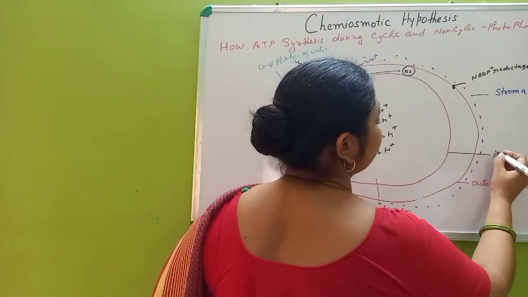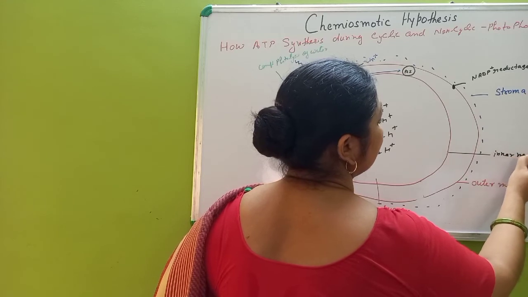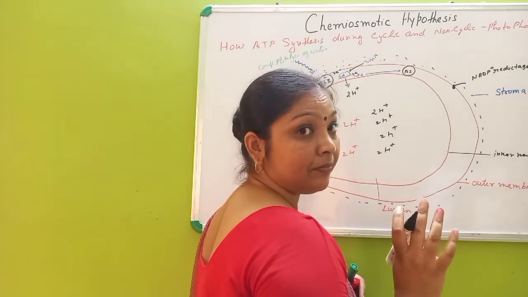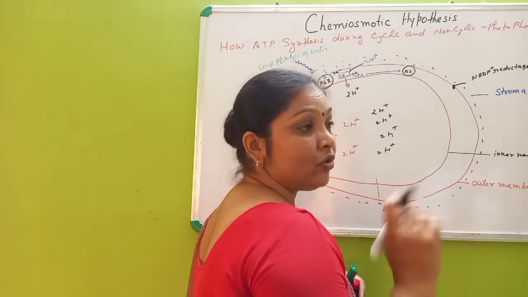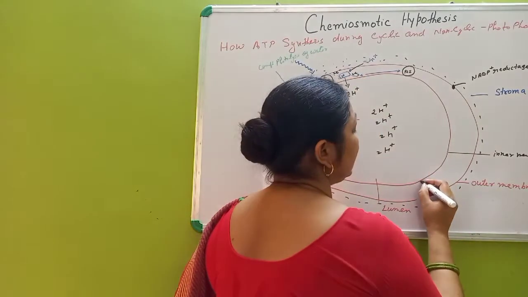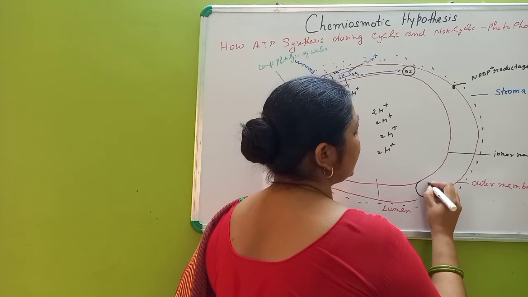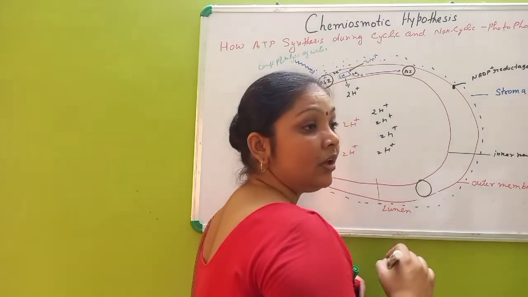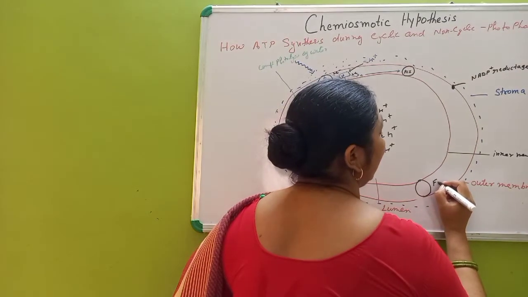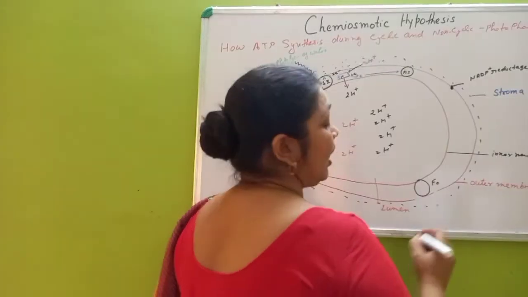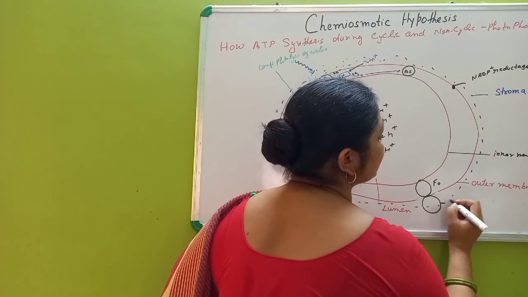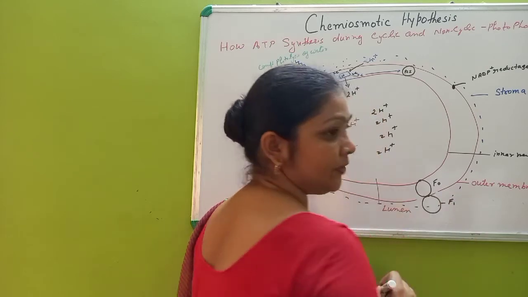This is what you have studied in the previous chapter, that is of F1 and F0 protein. So there are two types of protein present. One is this embedded or integral protein that is embedded inside the membrane, and it is called F0 protein, and a protein which is present outside the membrane is called F1 protein.